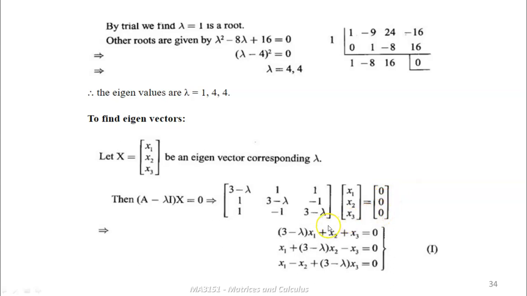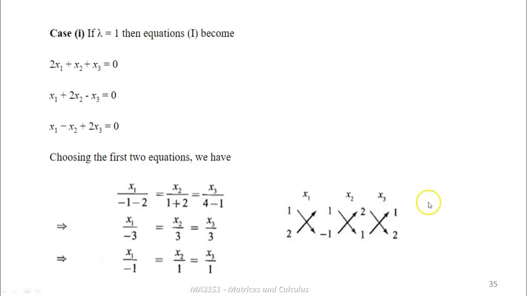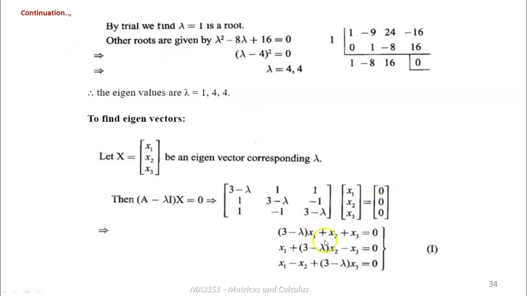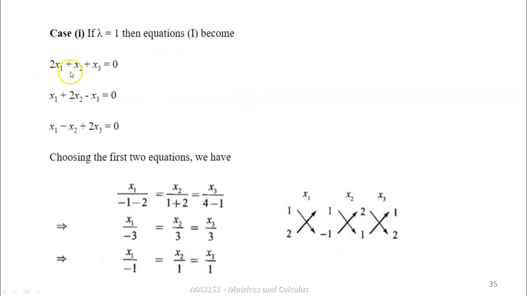Then we can substitute lambda values for finding the eigenvectors. Case 1, suppose lambda equal to 1, then the equations become 2x1 plus x2 plus x3 equal to 0, x1 plus 2x2 minus x3 equal to 0, x1 minus x2 plus 2x3 equal to 0.